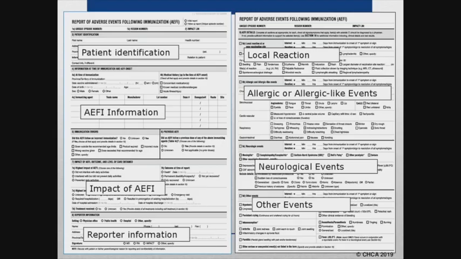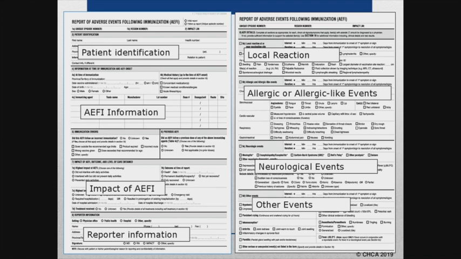This is an example of the form, and I've identified some of the major areas with the large text boxes. If you want to explore these forms more broadly, they can be found on the LMS. At the top of the first page is patient demographic information, followed by the specific adverse event following immunization information. Then, if there are any immunization errors, they can be documented as well.